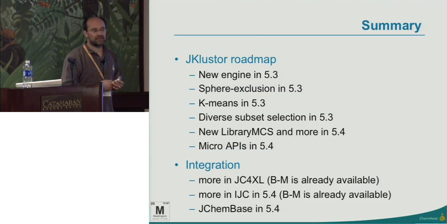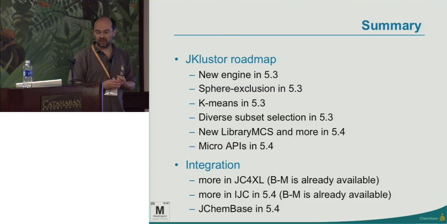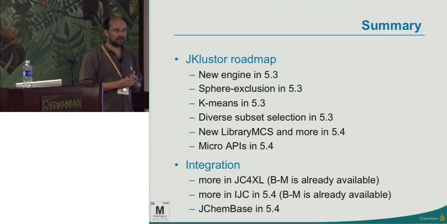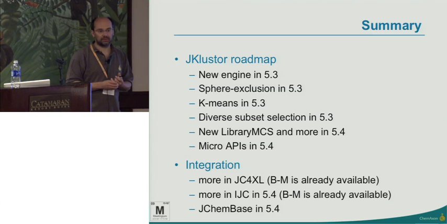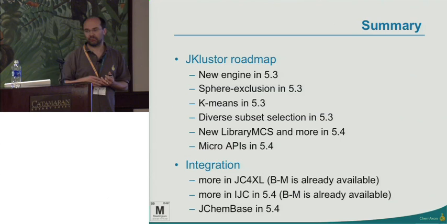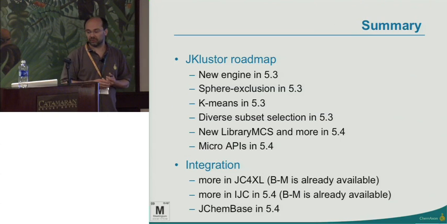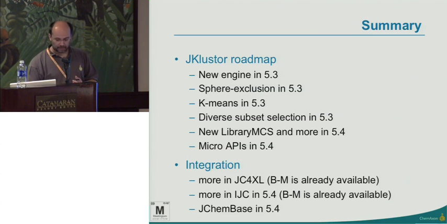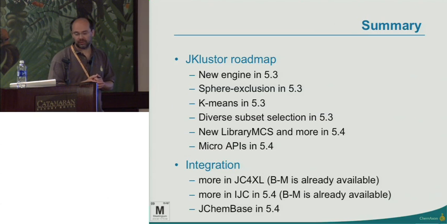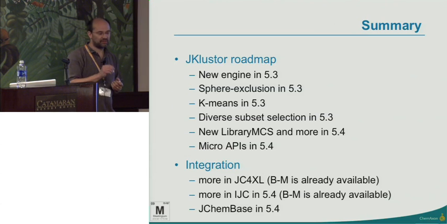The new library MCS, which will be based on this new architecture, will come in 5.4, and that will contain some novel features, like it will be able to find so-called non-connected or disconnected MCSs, and that's something that, again, Oleg will talk about. We will also implement something we call micro APIs. These will serve very specific needs.